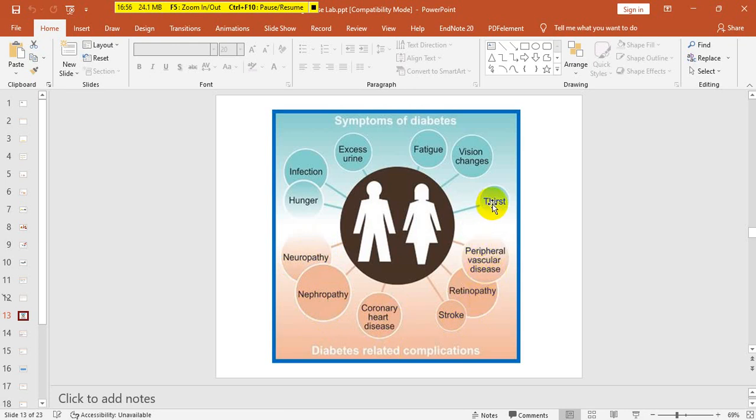They easily get thirsty. They have vision problem. They are not able to see well. So these are symptoms of diabetes. That is, if you are diabetic and your sugar level is not controlled, this is what happens to you. But if your sugar level is controlled, you don't have any problem. You will not encounter any of these symptoms.